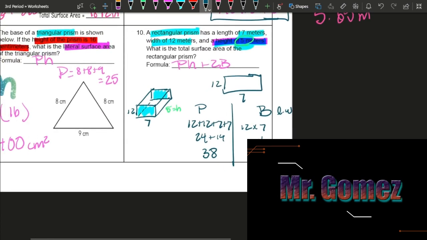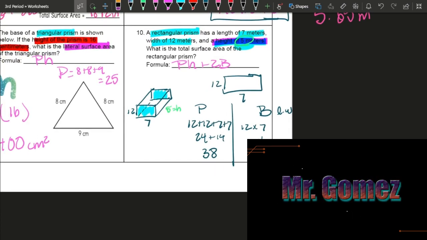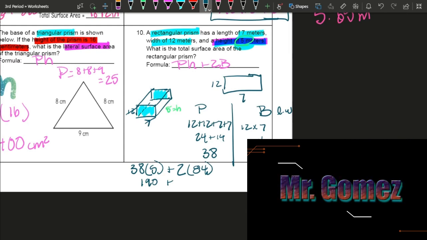Now, to find the total surface area, we have to plug in the values that I know. So P, what is P? 38. The height is what? I used the 12 and the 7, so my height is 5, plus 2 times what? 84. So 38 times 5, that will be my lateral surface area, but we need the total, plus 2 times 84 is 168.